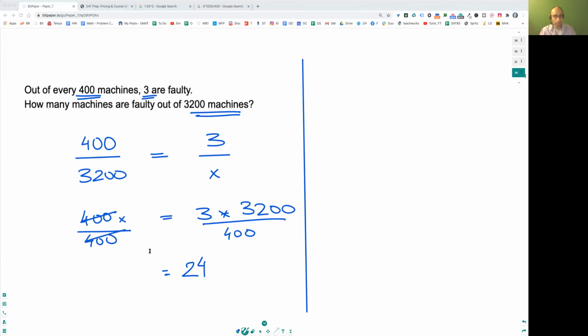Now I'm going to give you a very similar problem and see if you can solve it. Let's see how you do on this one. So let's try to understand this problem now.